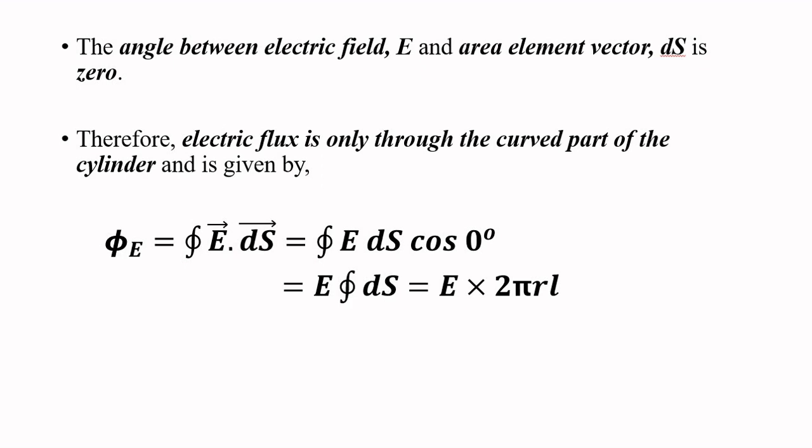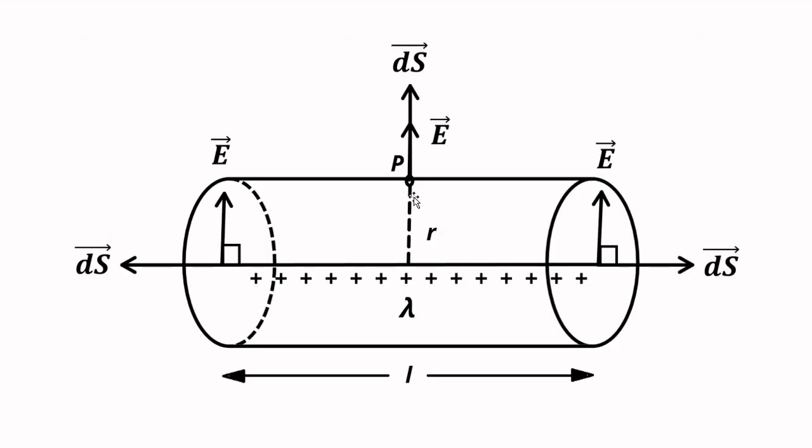Now an interesting thing: all the points on this entire cylindrical cross-sectional area, imagine this is a three-dimensional thing, are at the same distance from the wire, which is equal to r.